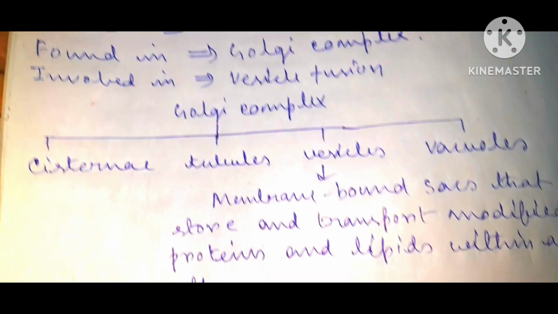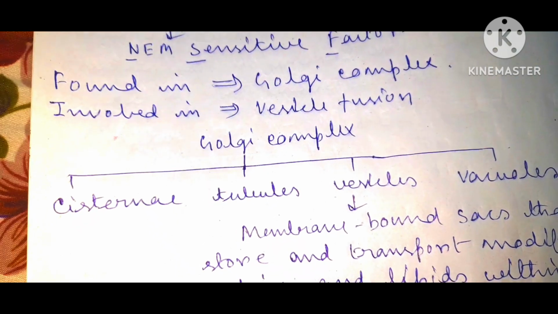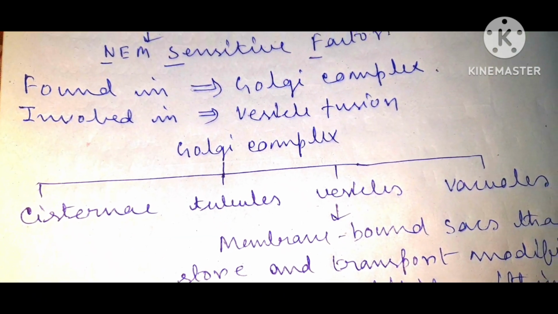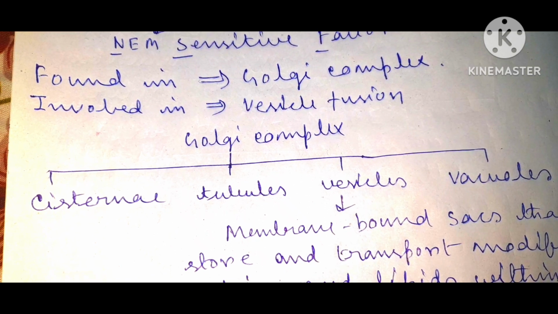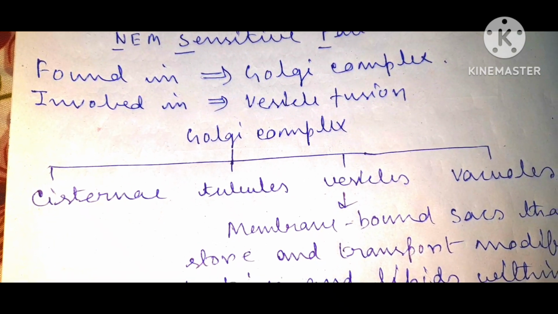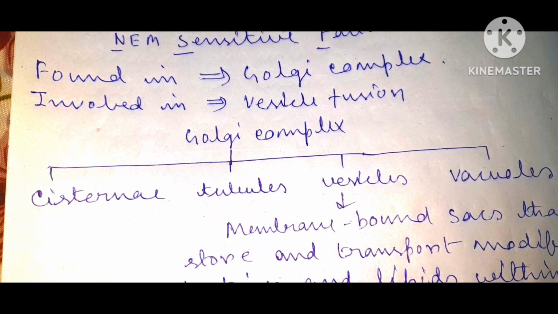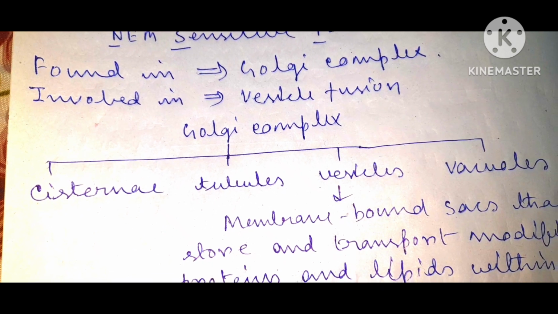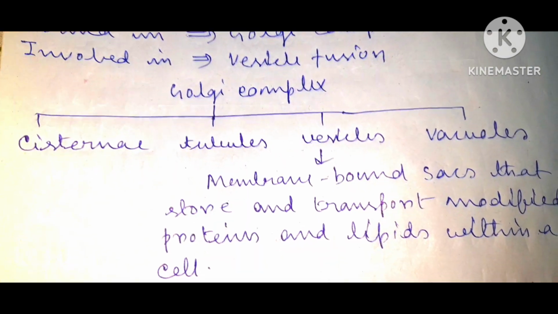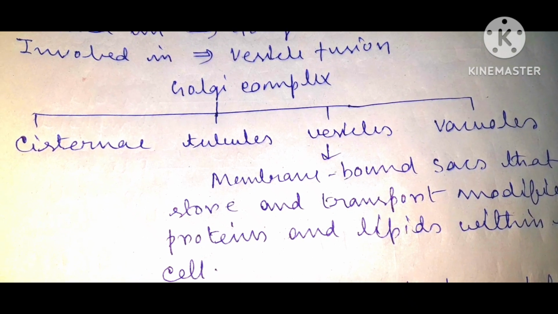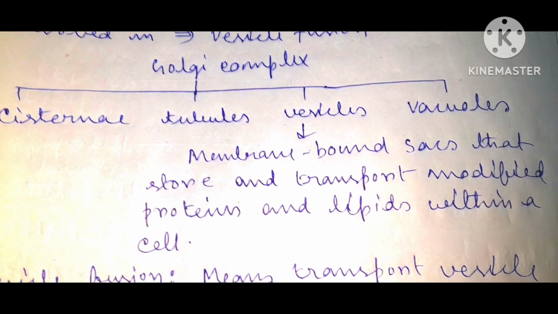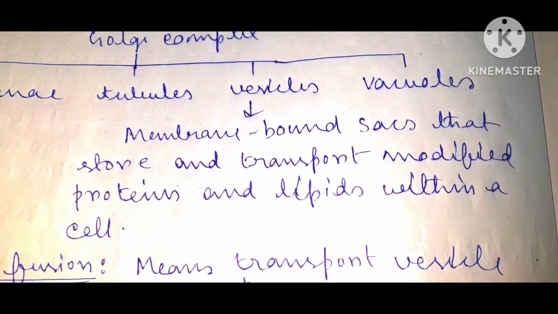So as I have already discussed with you, this is found in Golgi complex. Golgi complex is an organelle according to your syllabus, and this is involved in vesicle fusion. The four parts of Golgi complex are cisternae, tubules, vesicles and vacuoles.